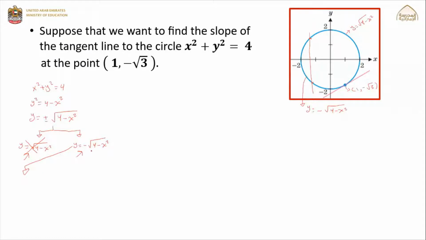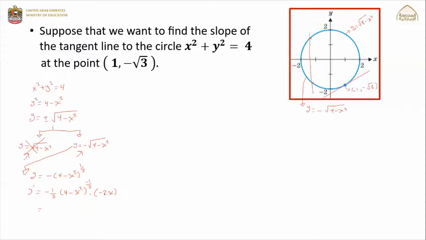How can I find the derivative of this? y equals minus 4 minus x squared to the power 1 over 2. I will use the chain rule. So y prime equals minus half, 4 minus x squared to the power half minus 1, which is minus half, times the derivative of 4 minus x squared, which is minus 2x.